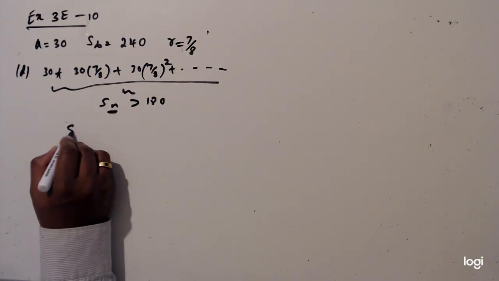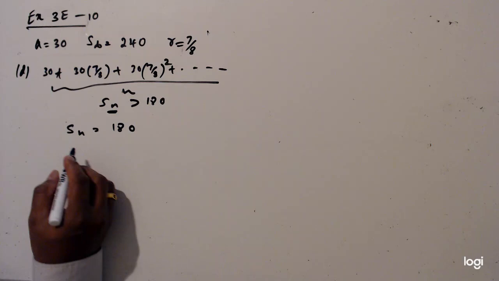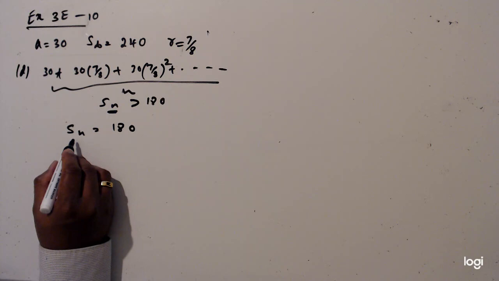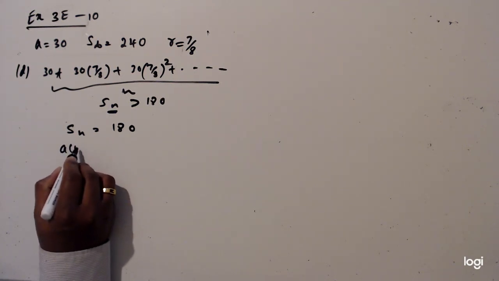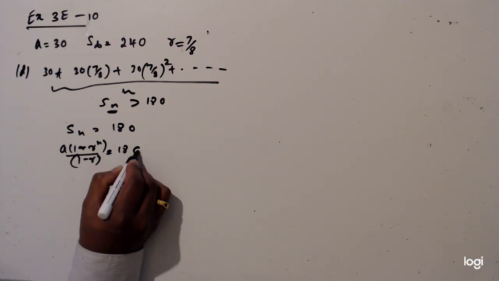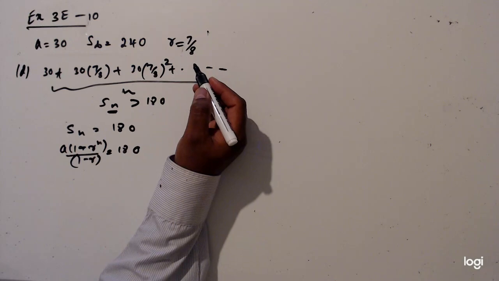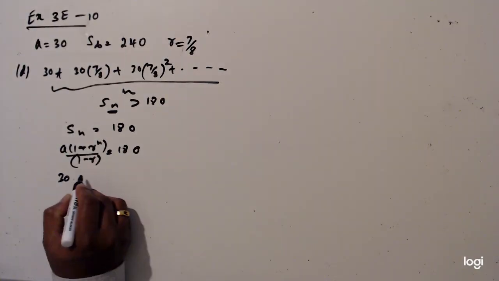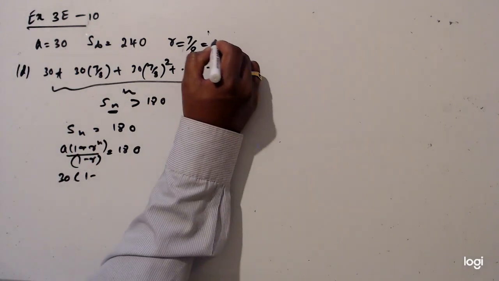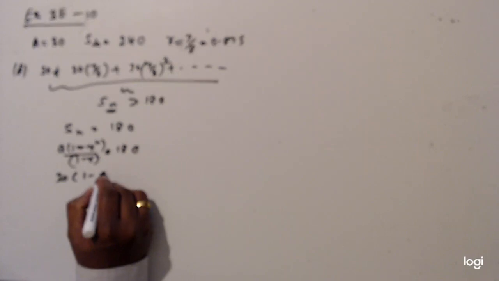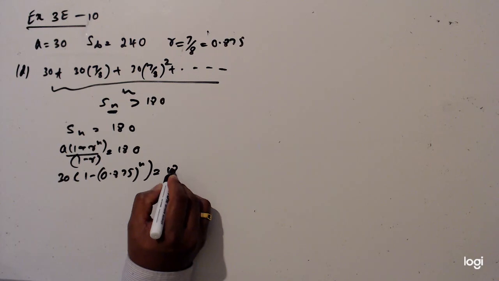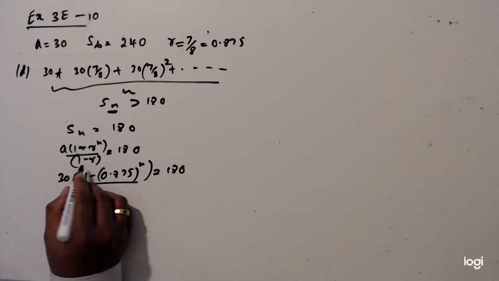So we'll consider Sn equal 180 and work it out. So Sn we can write a times 1 minus r to the n over 1 minus r equals 180. So a value is 30 times 1 minus r, the r value is 0.875, to the power n, times 180 times 1 minus r.